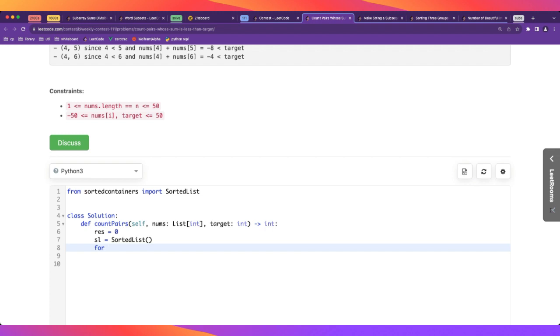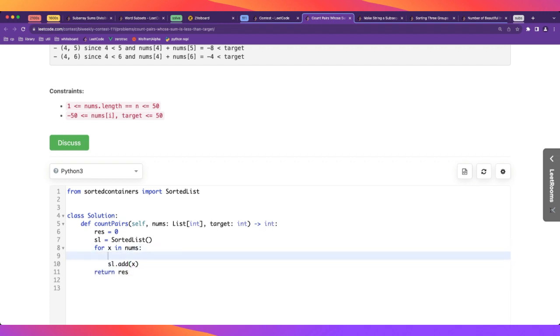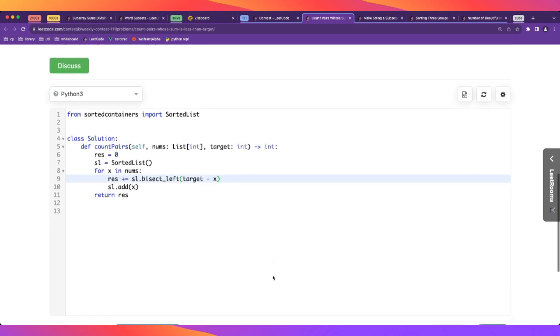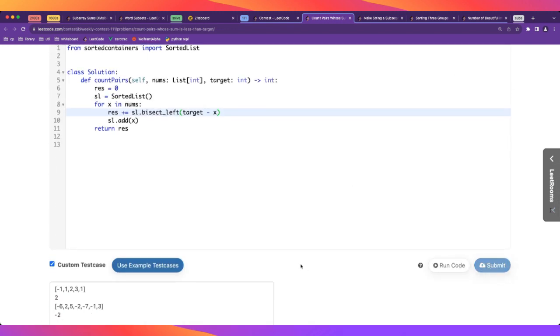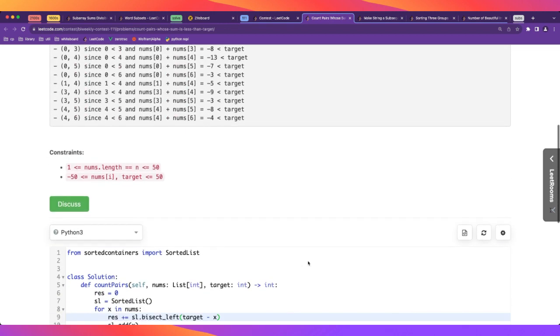So we have the element, or let's call it X, from nums, and at the end we're gonna include X in the set. We're gonna return res, and here we want to know how many, and like we said, we want bisect left of target minus X, and this is what we're gonna add to the result, and we get it right for the examples and accept it.